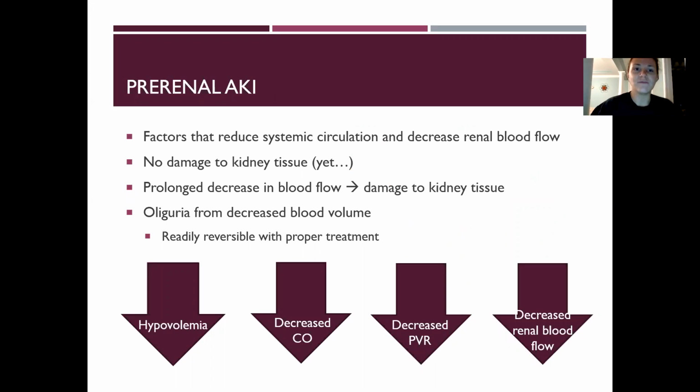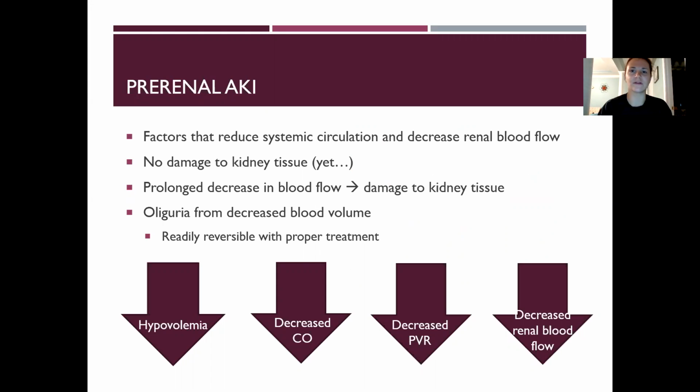So as I mentioned, pre-renal causes of AKI affect systemic circulation and therefore decrease blood flow or perfusion to the kidneys. While this decreased perfusion and blood flow is occurring, there's not any direct damage to the kidney tissues yet.